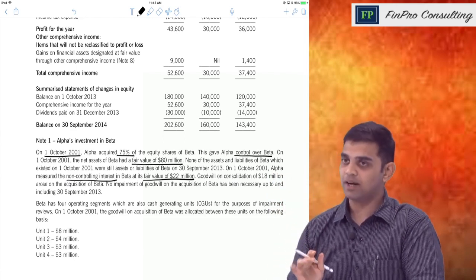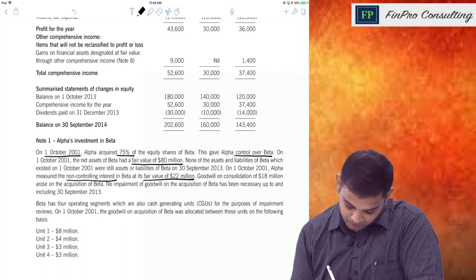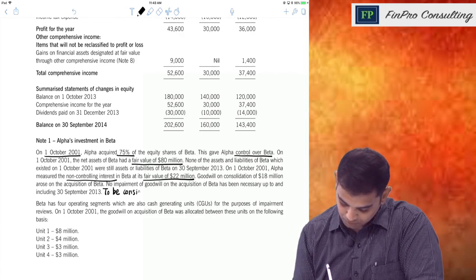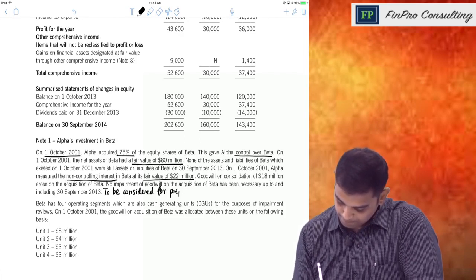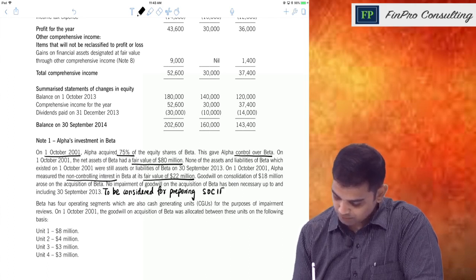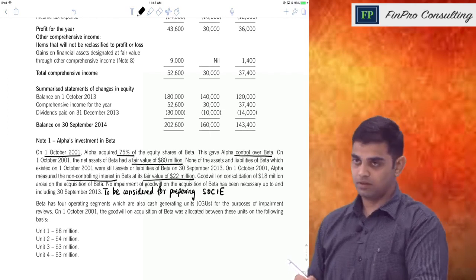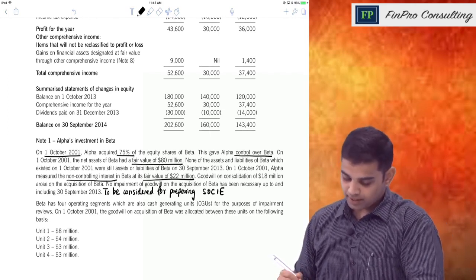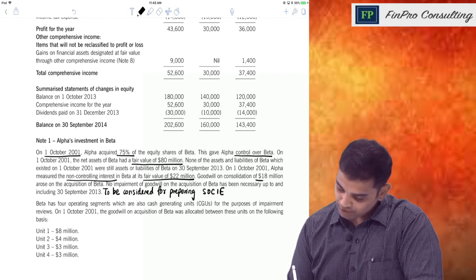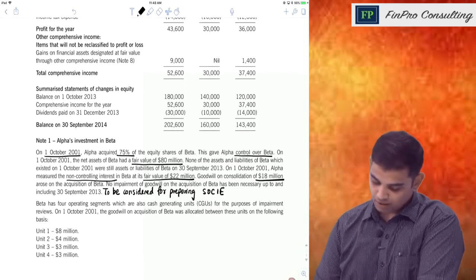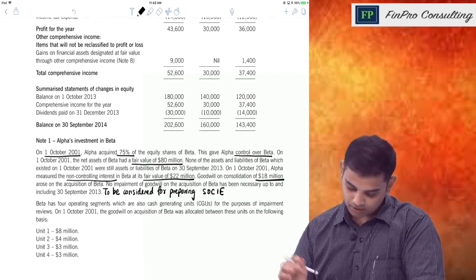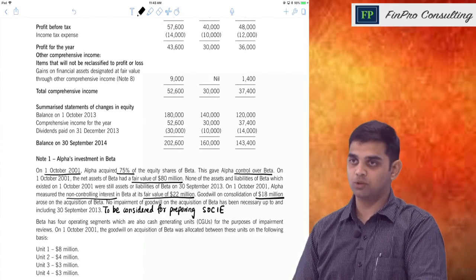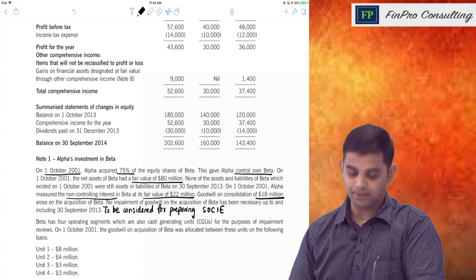So after the first para you write: to be considered for preparing statement of changes in equity, right? And there was also a goodwill amount of 18 million, but till 1st October, the opening date, that is 1st October 2013, it was not impaired.